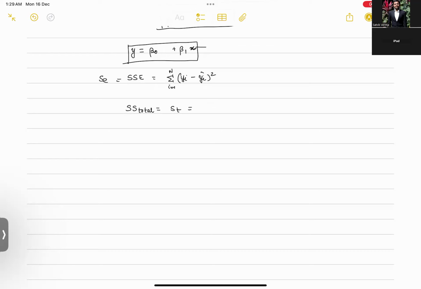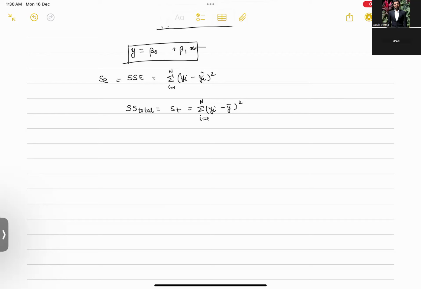And that is just total sum of squares, which is summation yi minus y bar, whole square. So this basically shows you the difference between any given value of yi from its mean, right? Or how spread out your data is. This gives you information about that. If you remember, this is also how you get the standard deviation.